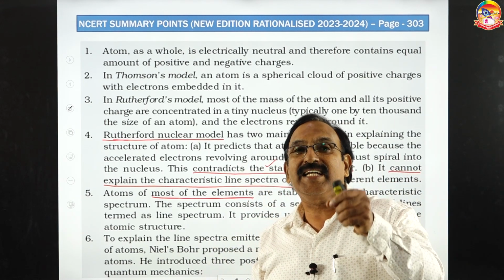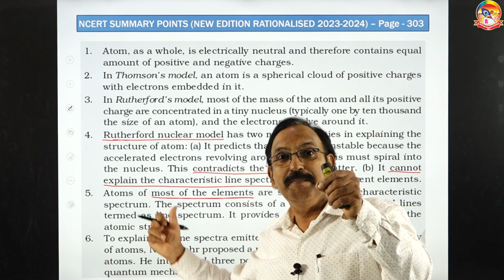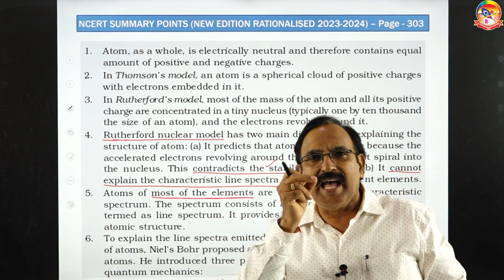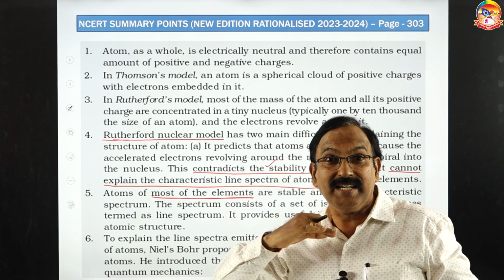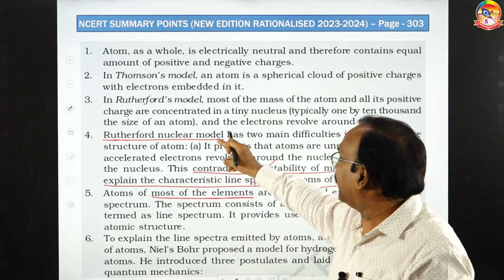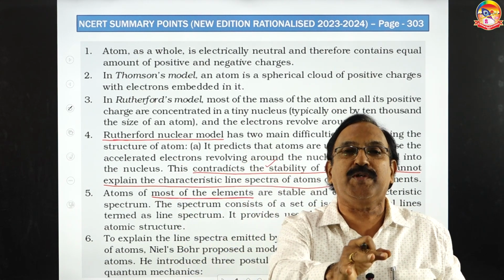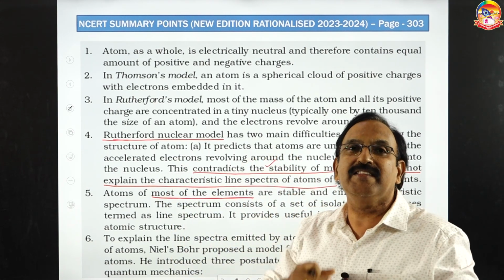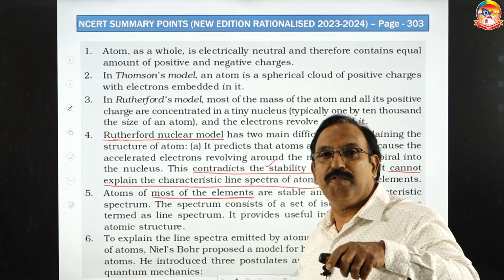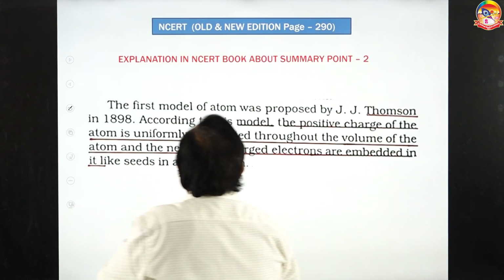NCERT itself has emphasized the wording stability to be taken this way in many pages. NCERT has repeatedly mentioned that stability of the atom in this topic should be taken in the context of whether the electrons collapse into the nucleus or not. You find that point many times in both the old edition of NCERT as well as the new NCERT.